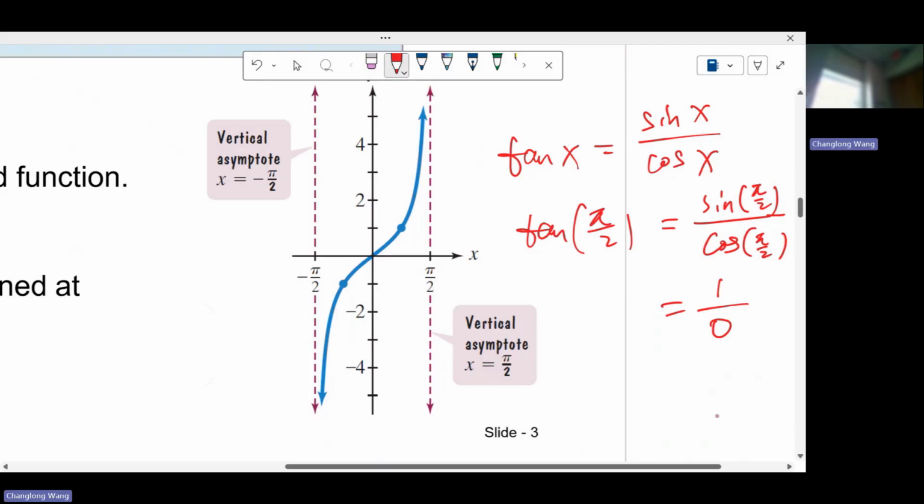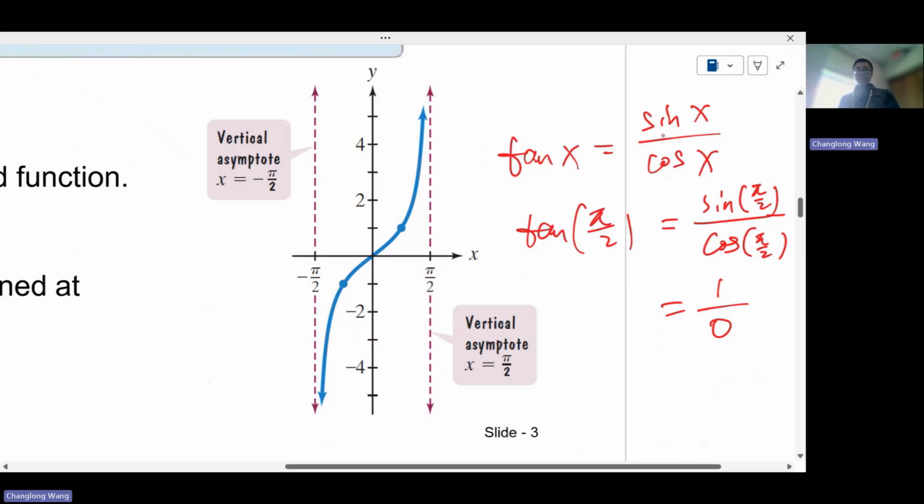Undefined, that's why the calculator complains. But you're going to go to calculus, and I hope you're not going to tell the calculus teacher that 1 over 0 is undefined. Well, in some sense, maybe back in elementary school, but let's understand what 1 over 0 is. Yes, it's undefined.